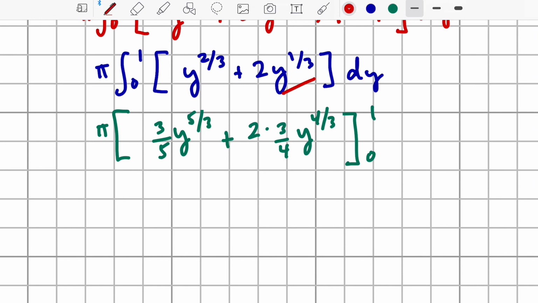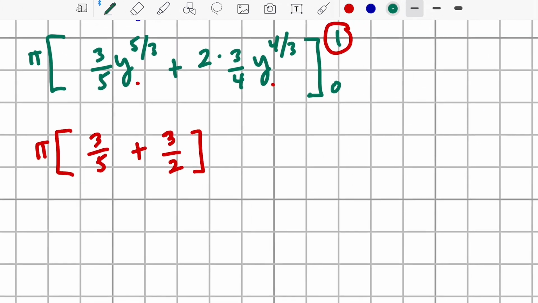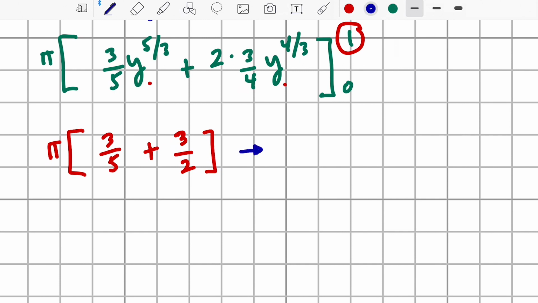So this will be, let's see, pi. When I plug in a 1 to the y, that's just 1, so that gives me just 3/5 plus. When I plug in the 1 to this y, it also gives me 1. So that will be, let's see, 6/4, which reduces to 3/2. So now we need a common denominator.